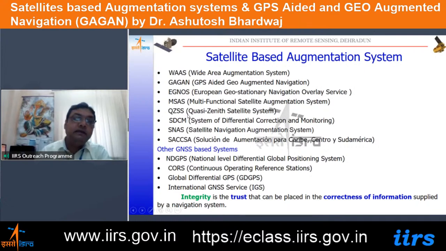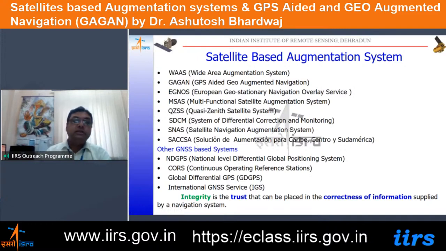Then the regional navigation system QZSS is also there for Japan. Then SDCM is for Russia, SNAS is for China, and for Caribbean countries it is SACCSA. So this is the one which is used for a good number of countries.